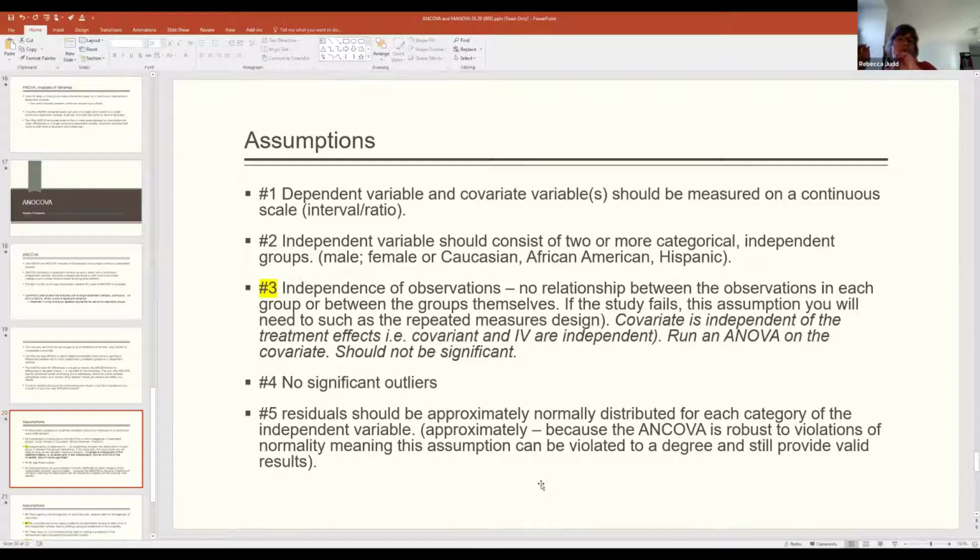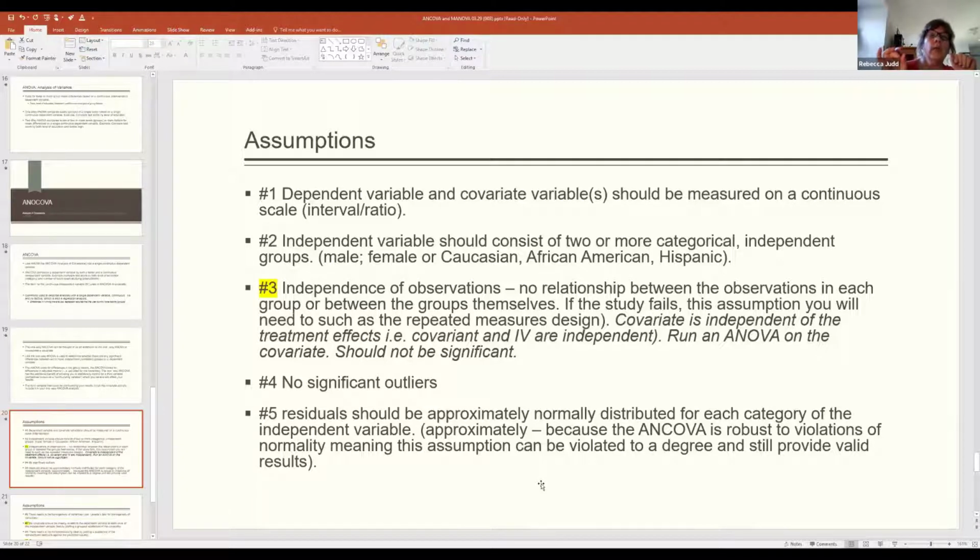Okay, so what you can do to check for this is, and what we have tonight is variables: we have salary, we have education, we have gender, and we have classification. So our salary will be our dependent variable.